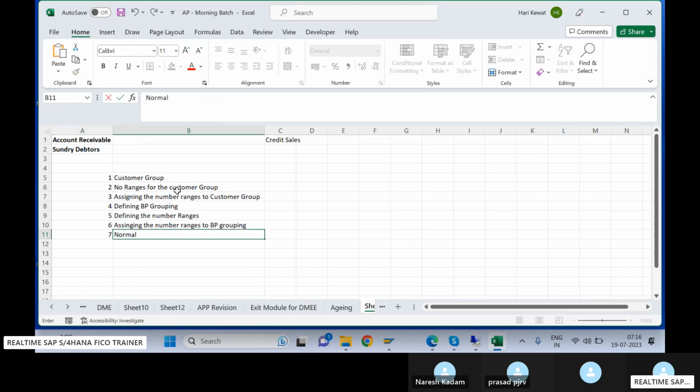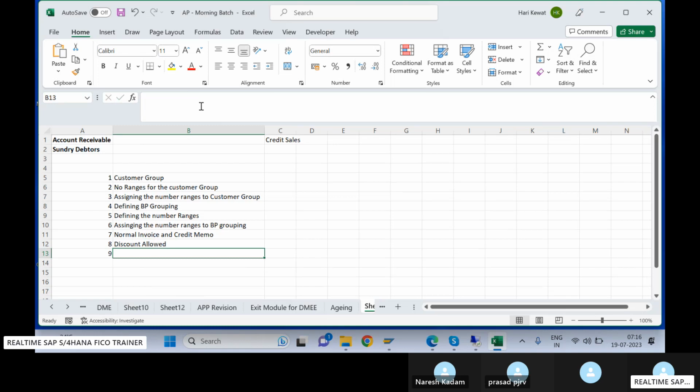Now the seventh point you have to learn: normal invoice posting, like vendor invoice, sorry, customer invoice posting, and customer credit memo. Then the eighth point: discount allowed to customer, you have to give the discount, so you have to learn that. The ninth point: if you are receiving an advance from the customer.